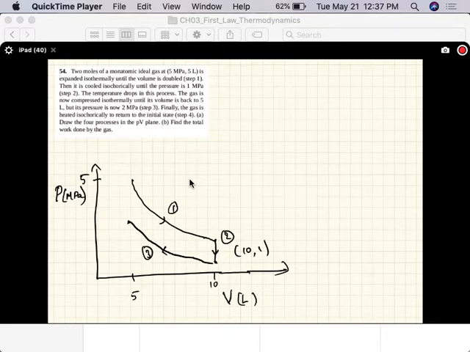And then finally the gas is heated isochorically to return to the initial state. So there is step 4. All right, so there is the process on the PV diagram. These 2 steps are isotherms and these 2 steps are isovolumetric processes.